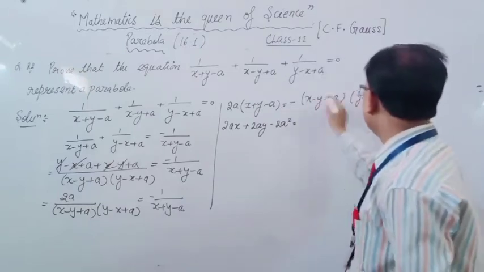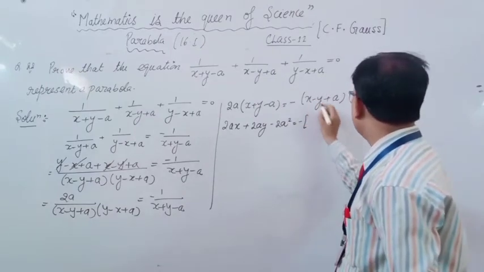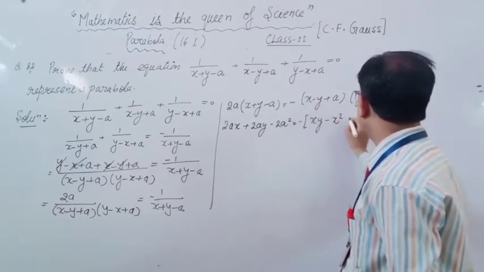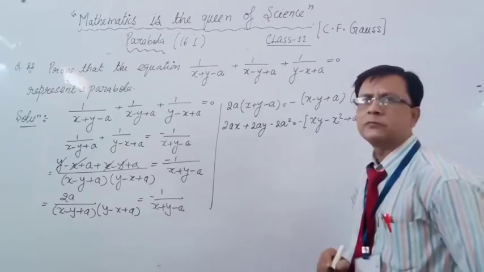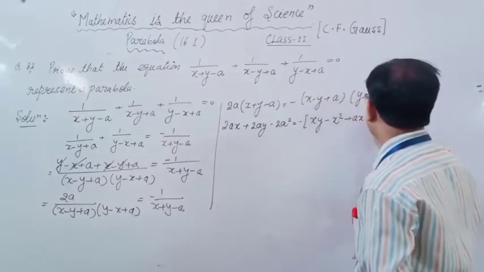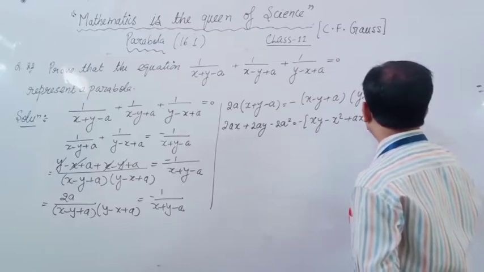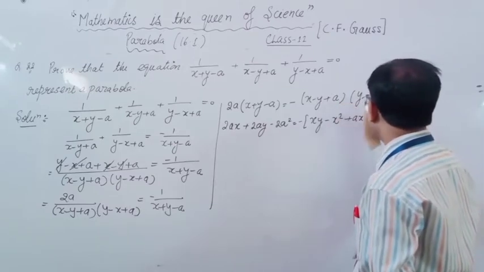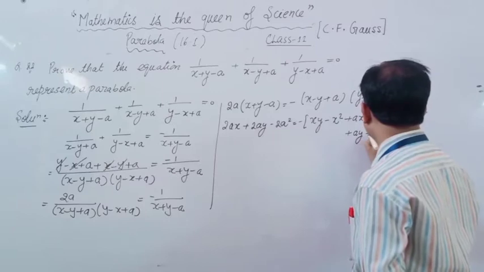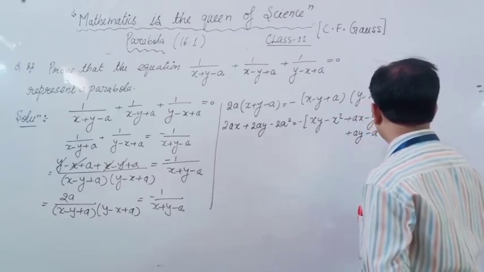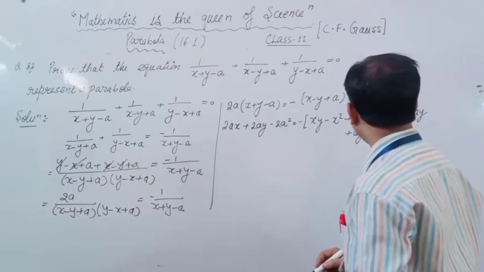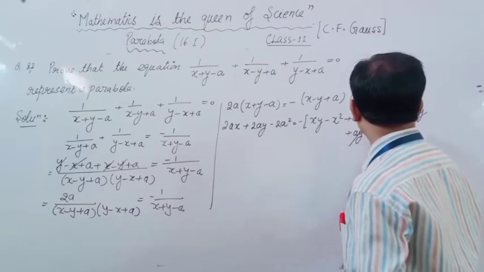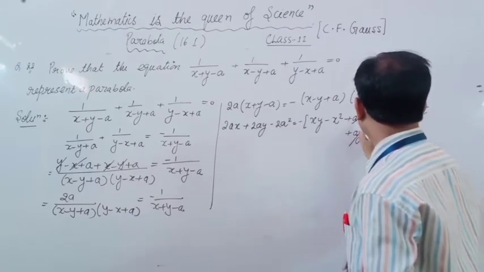Now we multiply: xy minus x square plus ax, then with y, minus y square plus xy minus ay, then with a, plus ay minus ax plus a square. Is anything cancelled out? ay cancels out, and ax also cancels out.